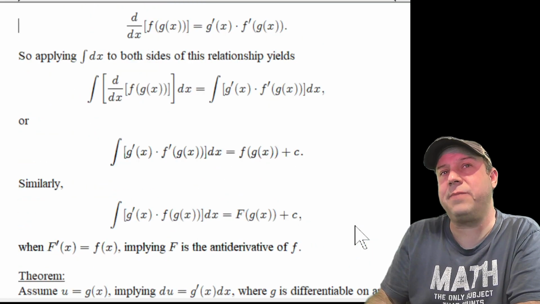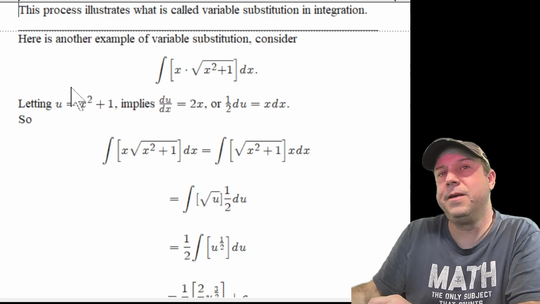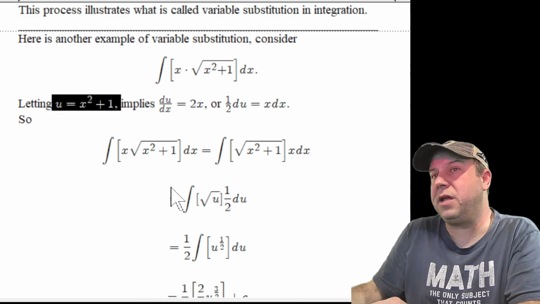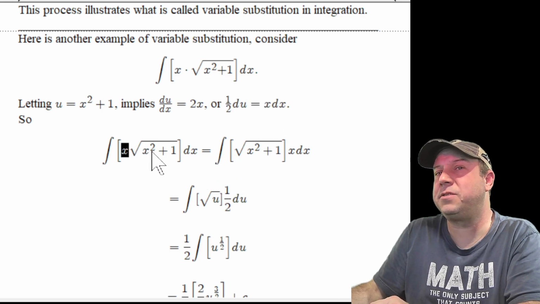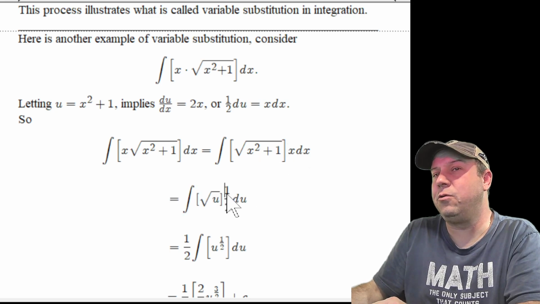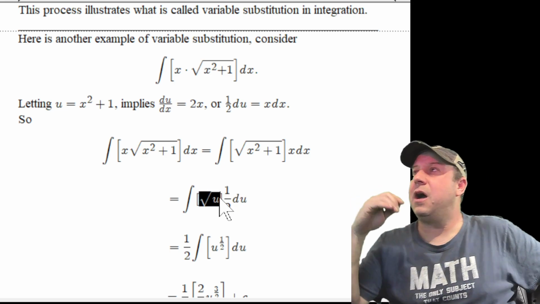And this describes the process that we performed above in this example here, letting u equal x squared plus 1. That implied that 1/2 du was equal to x dx, and we were able to substitute out for that x dx the value of 1/2 du, and the value underneath the radical became just the value of u.